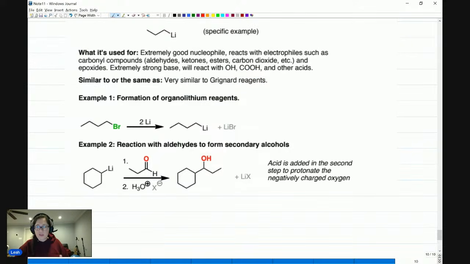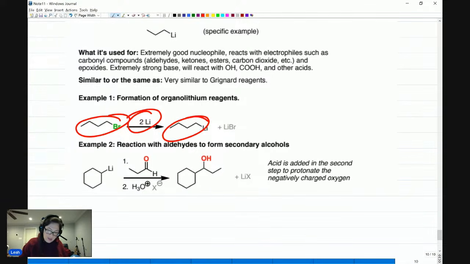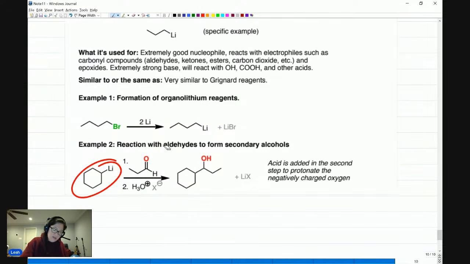Now, as you're going through the guide and studying the examples, don't just look at them and memorize them. Make sure you understand. Okay, so I take this alkyl halide, I react it with 2 lithiums, and I get this right here. And if I have this right here, that's the same idea. So can I reverse engineer and say, oh, if I had bromine here and reacted it, I could have done the same reaction?